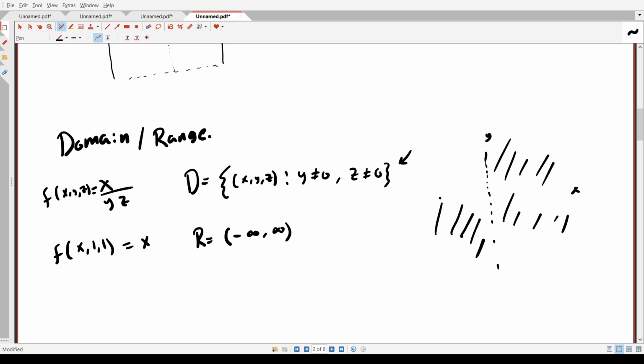The line y equals 0 is here, and the y-axis is the line x equals 0, that is in the set. Doesn't change anything. If I do a sequence of points going towards y equals 0, then it converges to y equals 0, which is not in our set. So I found a sequence that converges to something that's not in my set. That means this is not a closed set. So it's just open.